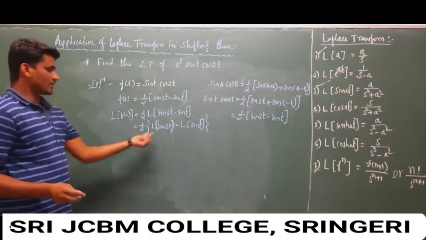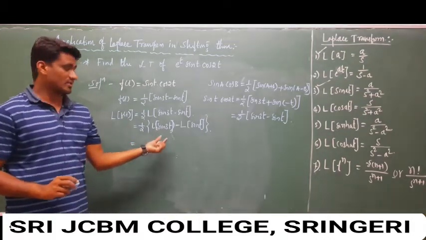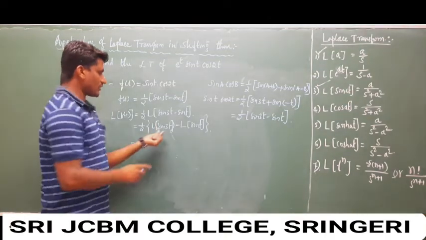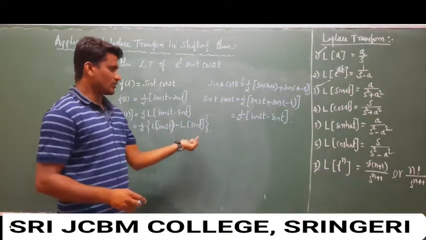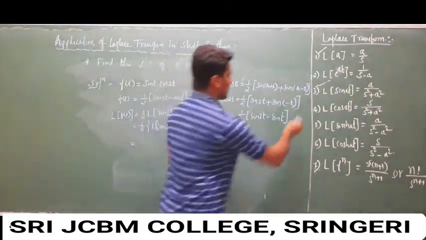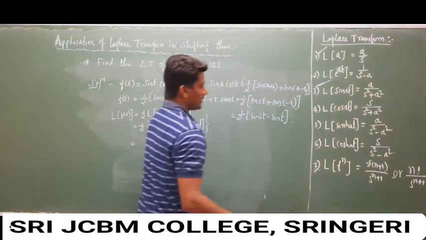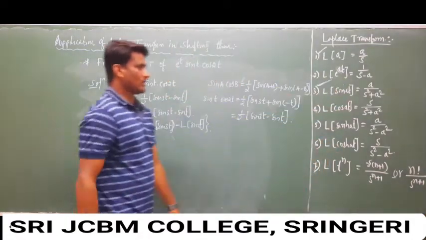And now we have the standard results of the Laplace transform. We have already derived the general formula for the Laplace transform of sin at, so we just have to take this condition and apply that formula.